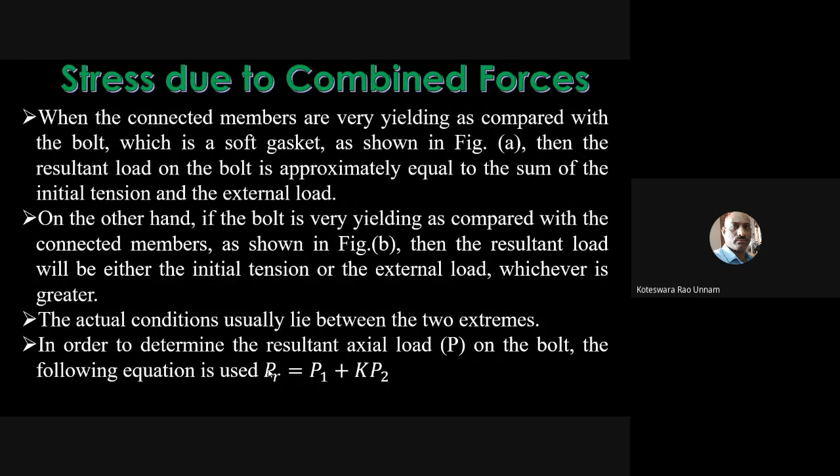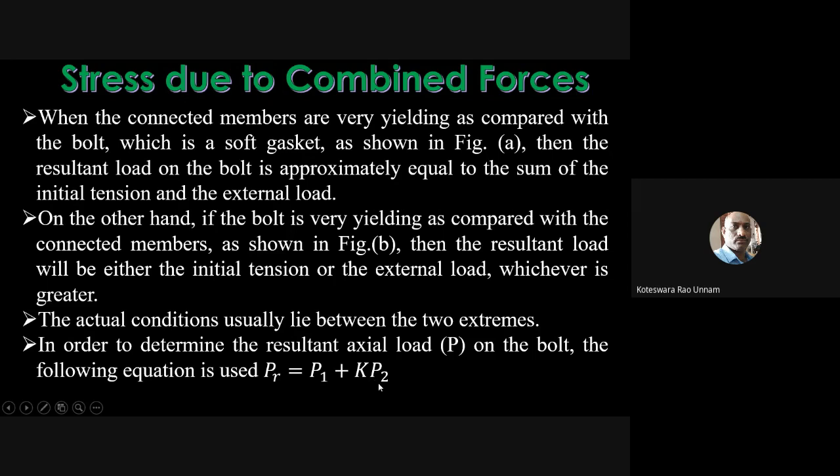Soft copper gasket with long through bolts, K is 0.5 to 0.75. Soft packing with through bolts, K is 0.75 to 1, and soft packing with studs, K is equal to 1. So from table 8.2 in the data book, you need to pick this value.